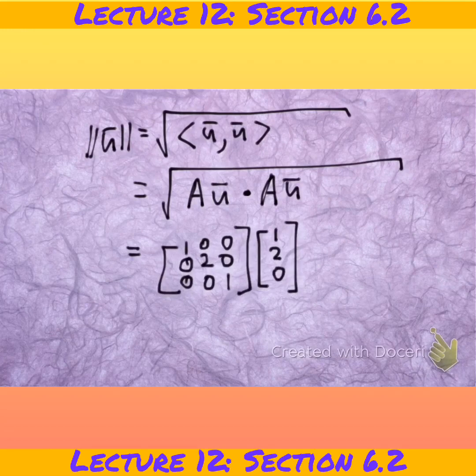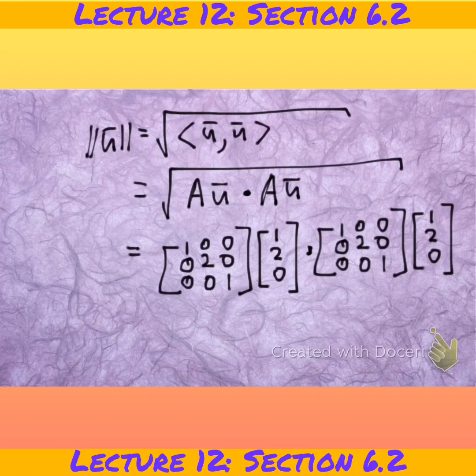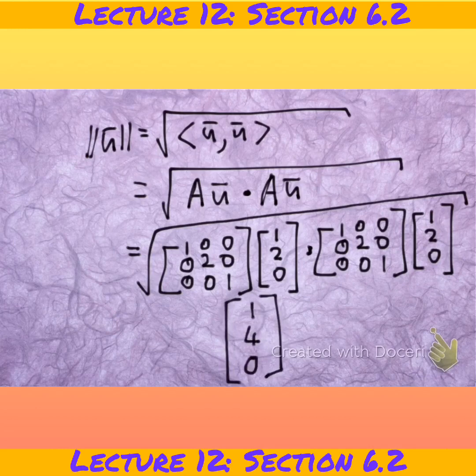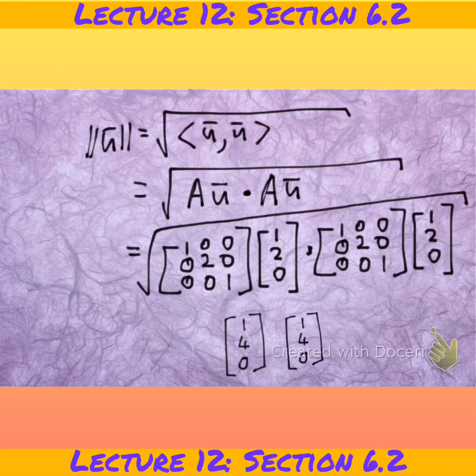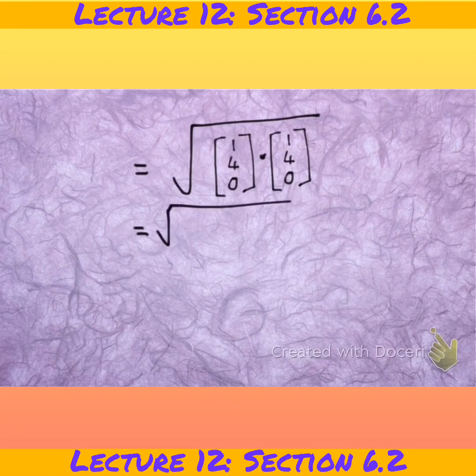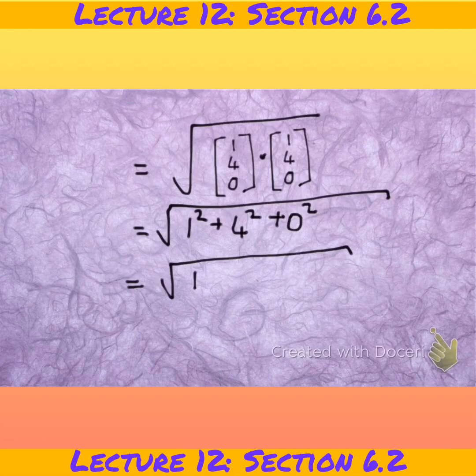Essentially, you take the dot product between these two vectors and take the square root of that, and that is the square root of 17.